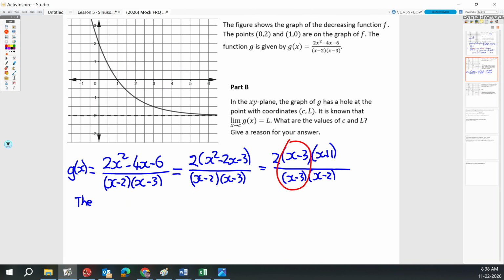You can say there is a linear factor, x minus 3, in both numerator and denominator.